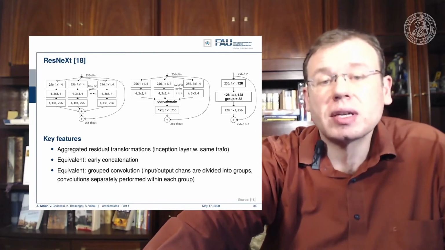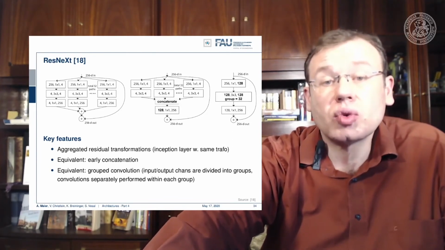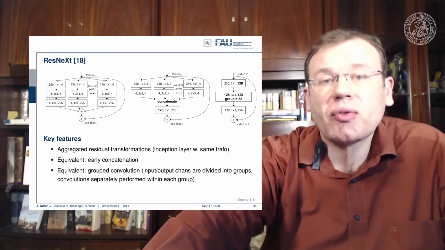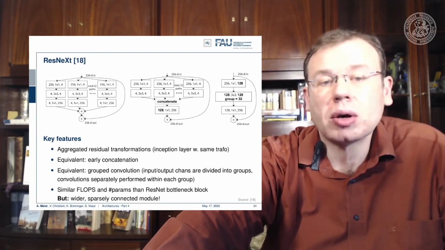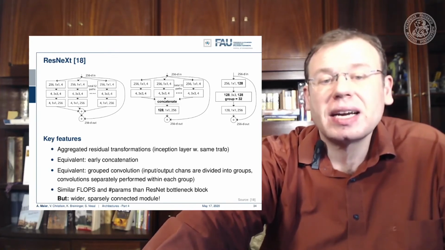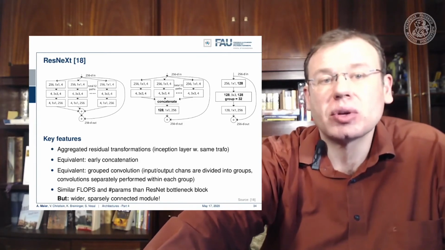So you have the input and output channels divided into groups, and then the convolutions are performed separately within every group. Now, this has similar flops and number of parameters as a ResNet bottleneck block, but it's wider and it's a sparsely connected module. So this is quite popular.